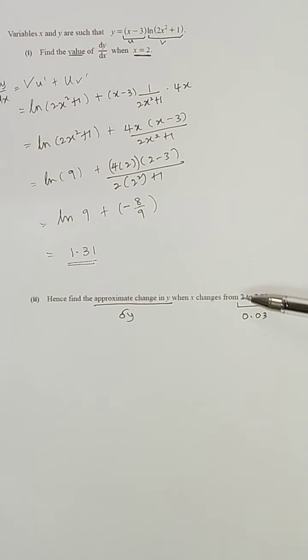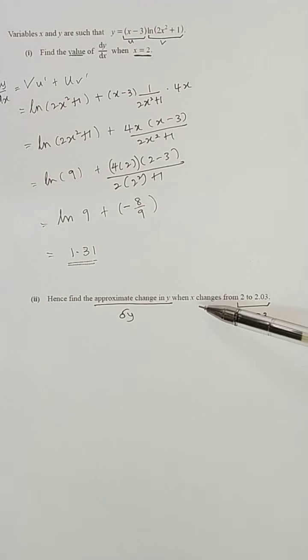There is also a case where the change is a decrease. When the change is a decrease, the value of delta x will be a negative number. It depends on the increment. If the increment is from the small to the big, then it is positive, an increase.